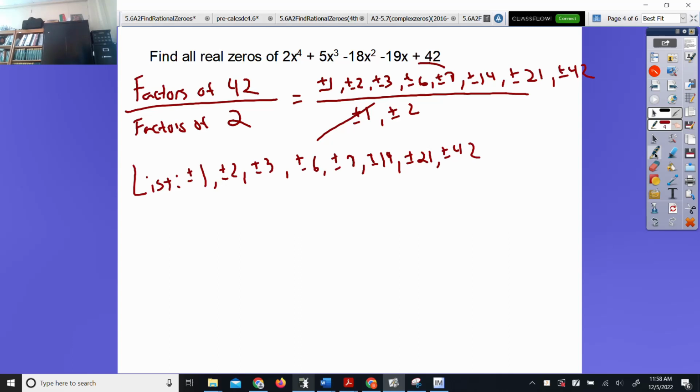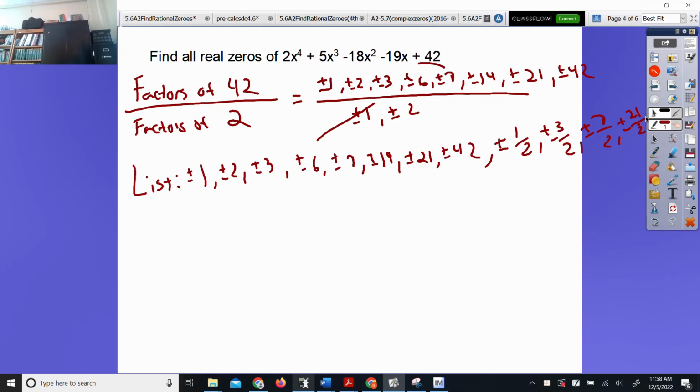So you'll do plus or minus a half, and then you'll do 2 over 2, which is what? Does it make sense to put that in the list twice? Don't. Don't put anything in the list twice. The new ones are going to be a half, 3 halves, 7 halves, and 21 halves, because anything else is going to be something that was already in that list.